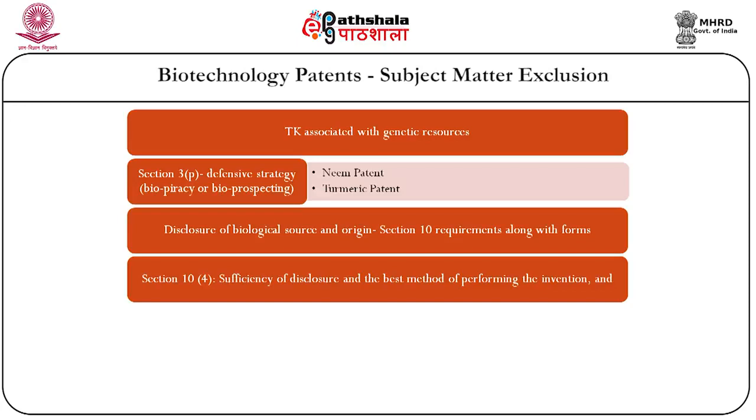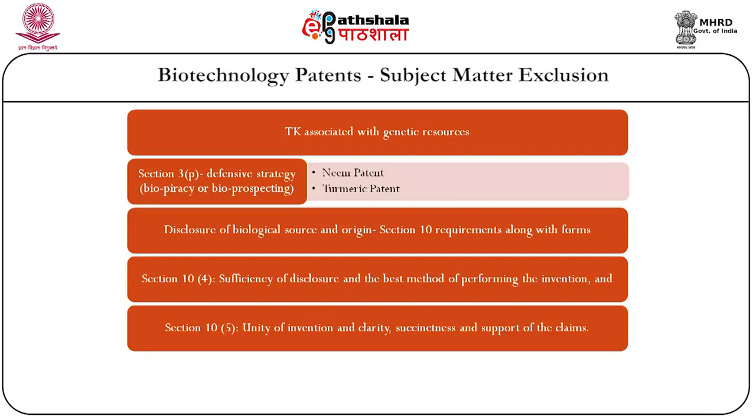Section 10(4) deals with sufficiency of disclosure and the best mode of performing the invention, and section 10(5) deals with the unity of invention and the support of the claims, which are all relating to how you claim biotechnology subject matter.